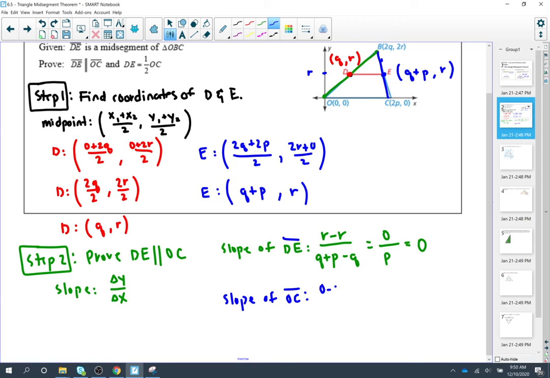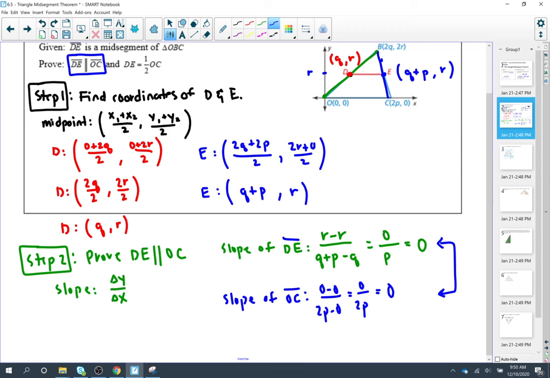So 0 minus 0 over 2p minus 0 is 0 over 2p, which again is 0. So if we take a look at those, they have the same slope. So they are parallel. We just proved that they are parallel because they have the same slope. That's the first part of the midsegment theorem. And we did it. So far, so good.